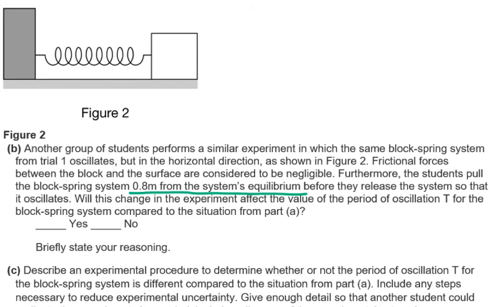So I'm going to rewrite my equation for the period of oscillation. The period of oscillation is equal to 2 pi square root of m over k. So what changed is the position of it, and they said the friction is negligible. So my period depends only on the mass, and it's the same mass, and k is the same spring.